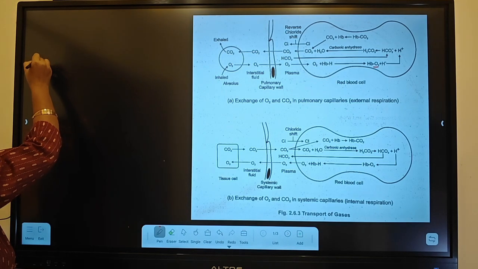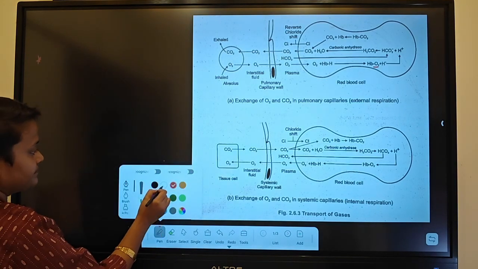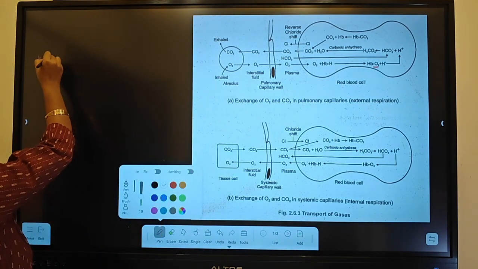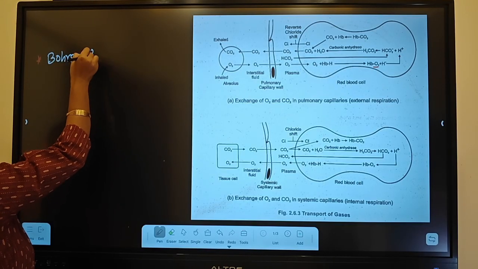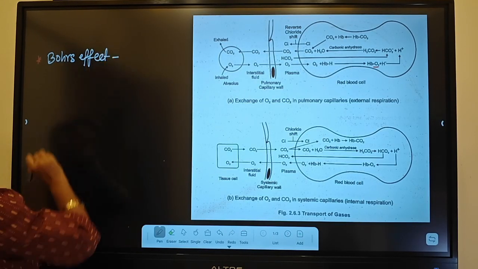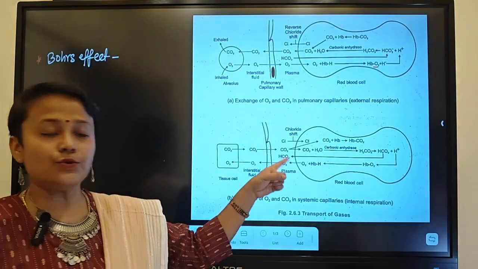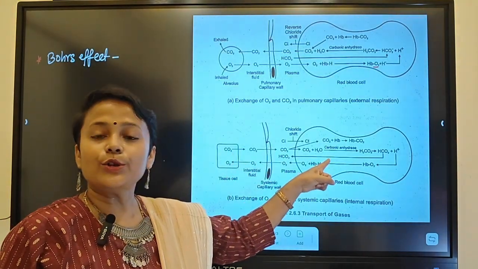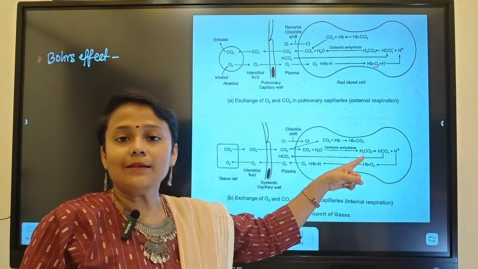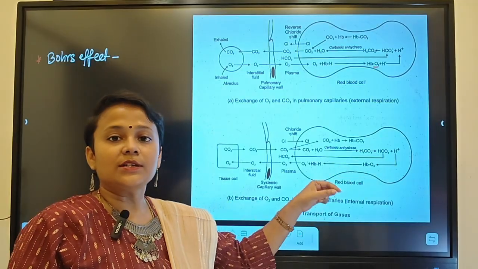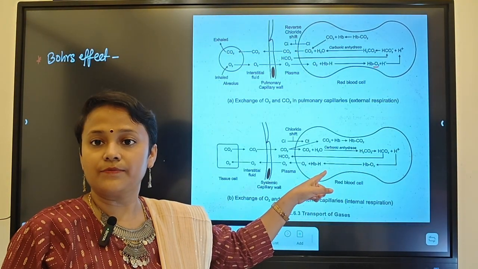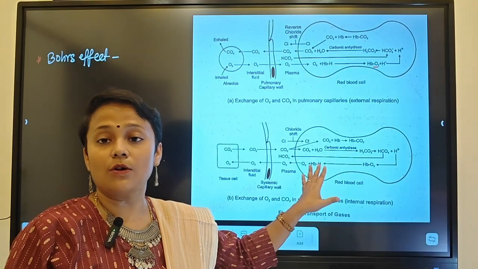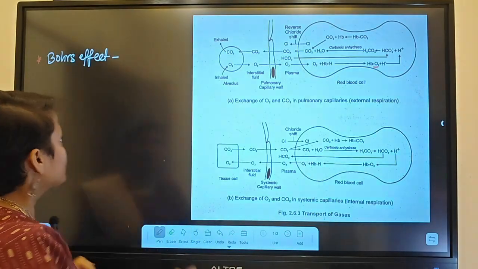One is called Bohr's effect. What is that? We know that in the tissue, when carbon dioxide enters into the RBC, that can lead to the dissociation of oxygen from hemoglobin, right? That effect is called Bohr's effect.